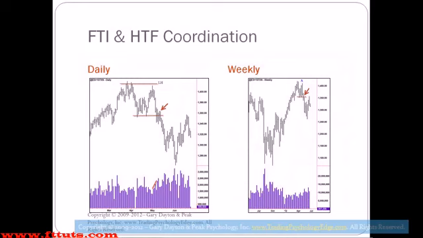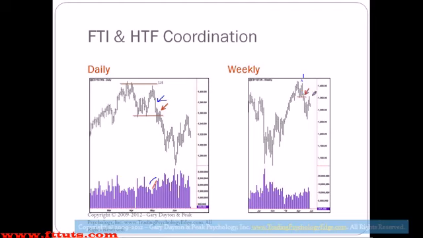So this, again, is coordinating with the higher time frames. That 45,000 tick chart is an intraday chart, and here is the same chart, same location, on the daily. You can see the sign of weakness in here with the increased volume. And here we are on the weekly where we put in a lower high, and then the question is, are we going to make a lower low?